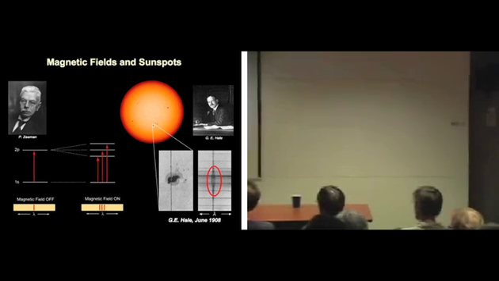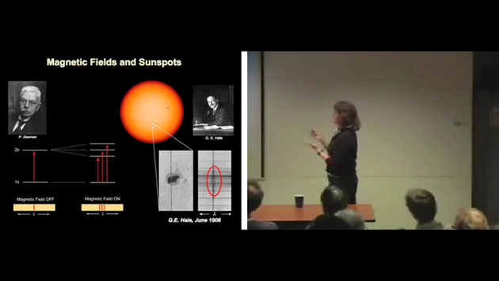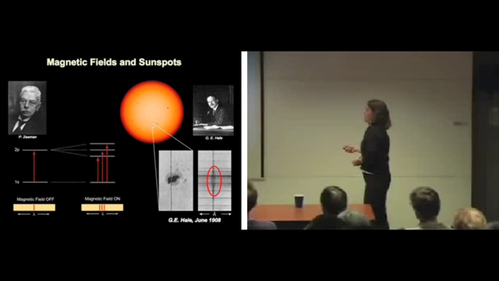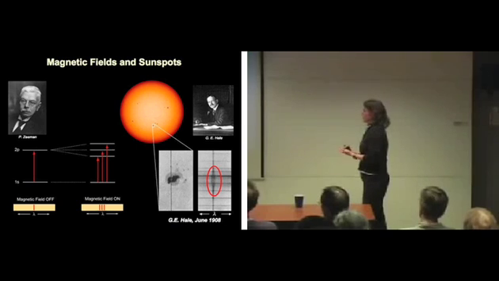So again, with the light that is emitted, we learn about the temperature, density, composition, and we can identify magnetic regions on the sun. These magnetic regions are also very important, because most of the variability that the sun undergoes depends on the magnetic field.